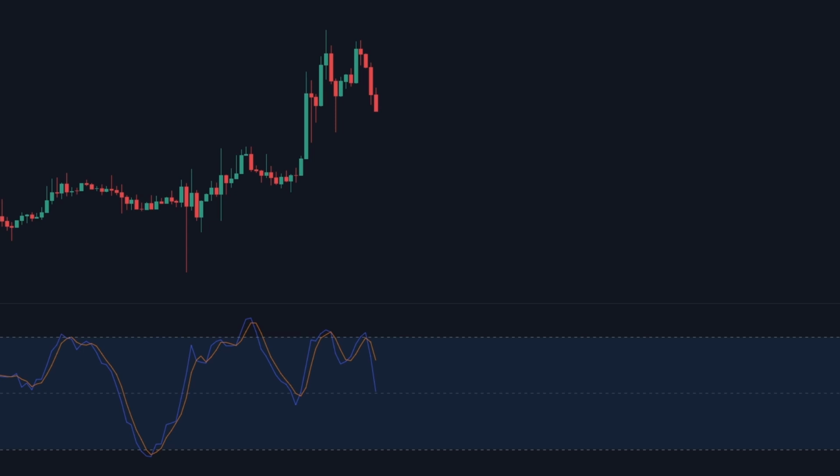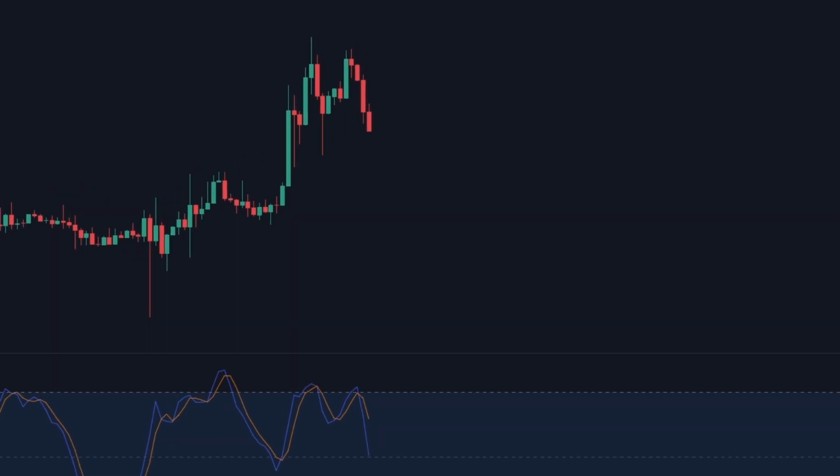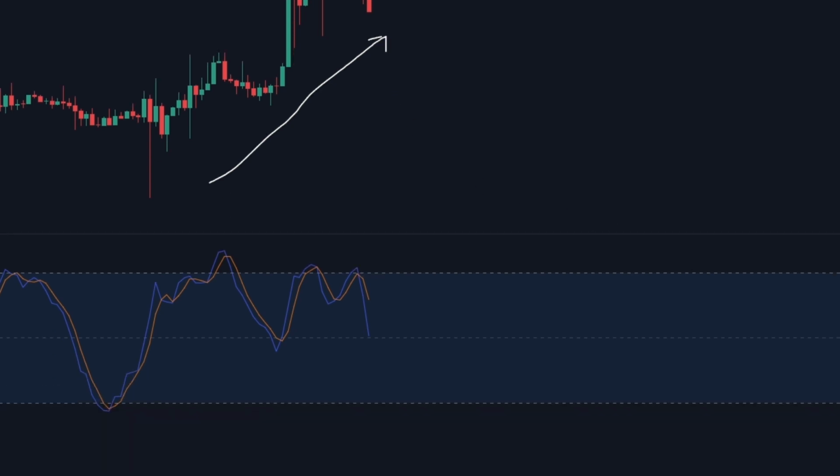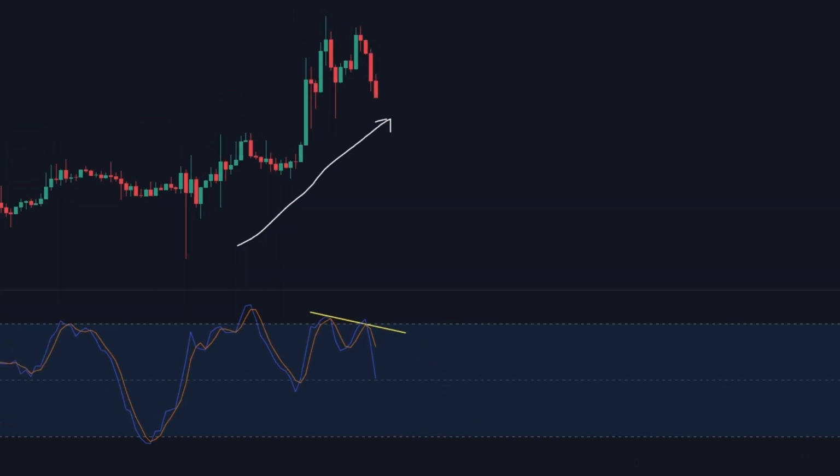Now, to trade on bearish divergence, we need the price to be rising. However, when we look at the stochastic indicator, there's a bearish divergence indicating a trend reversal to a downtrend. Now is the opportune moment to make a sell trade.